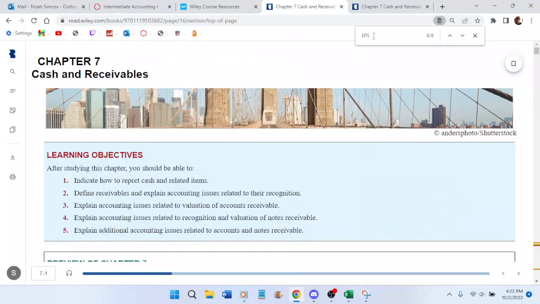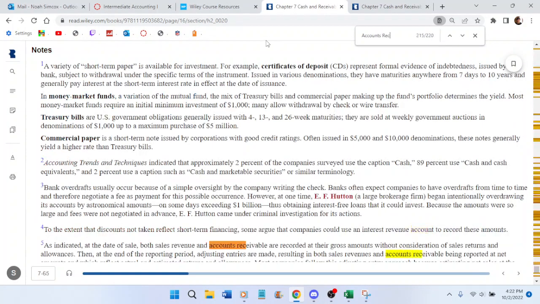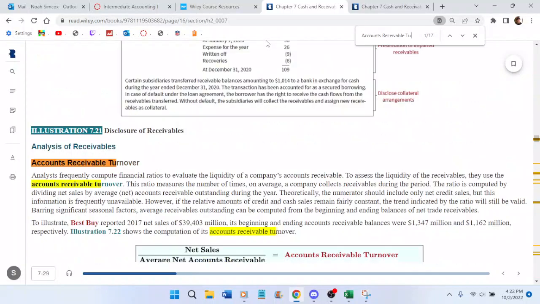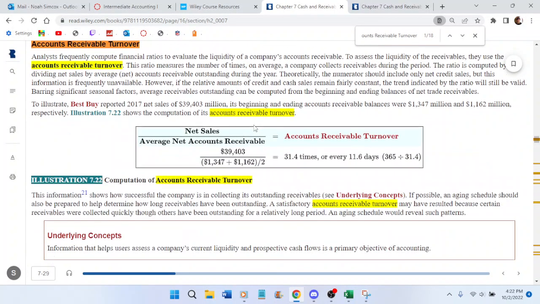And then if you divide this amount by the number of days in a year.